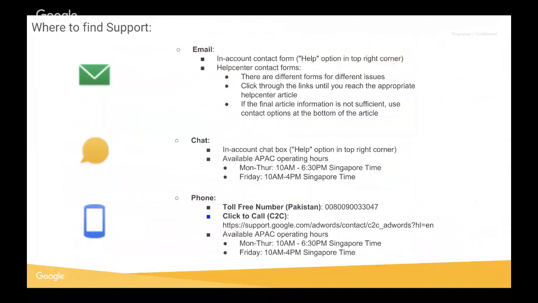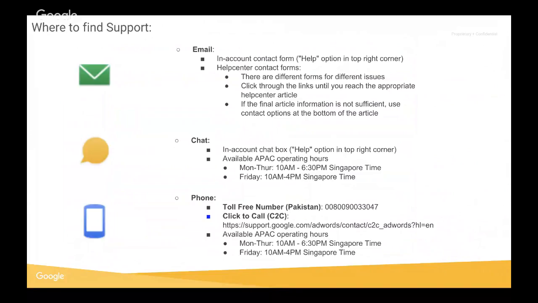Finally, you can definitely reach our support team, and there are different options by which you can do that. You can send an email to us from within your account. If you go to the top right corner, there is a help option, and it should lead you to an email section. Sometimes the help option might lead you through certain issue types that you have to go through to end up on an article. And only then, once you're finally on the article, would you see an option to send an email.